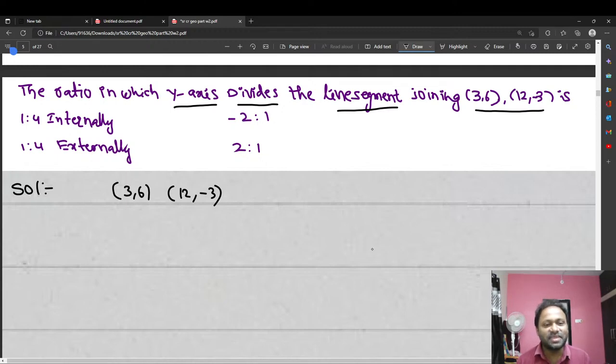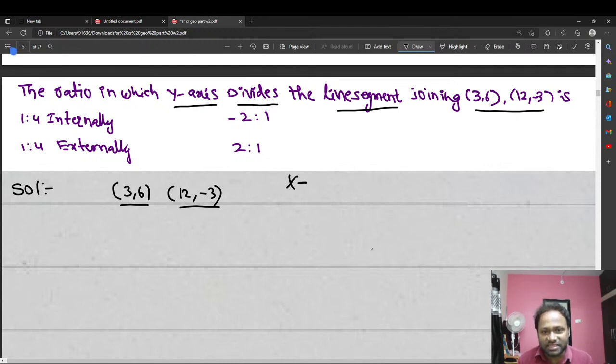Ordered pair (3, 6), (12, minus 3) is given. Ratio in which the y-axis divides. So, one simple formula I am going to tell you.